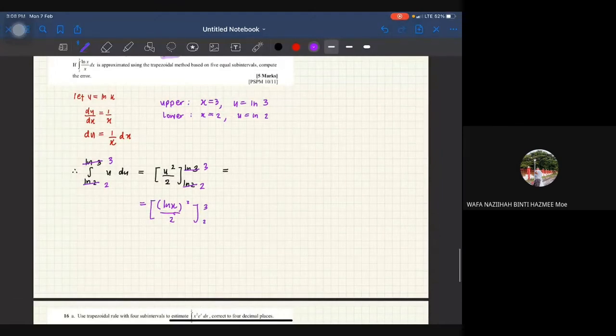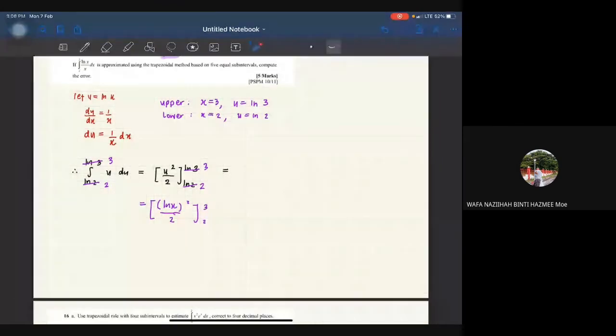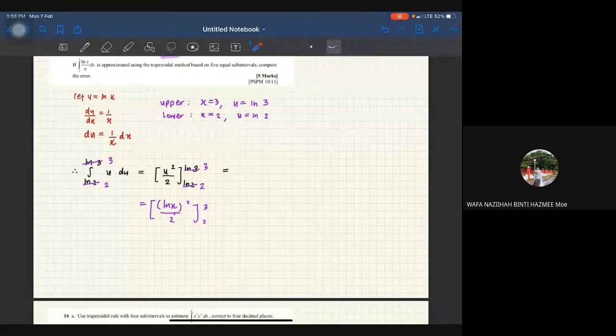Yang ni baru betul. Okay, so ada dua cara. Sama ada awak nak guna yang warna hitam, saya buat tu, ataupun warna purple yang ni. So yang ini ramai yang guna, ramai suka guna cara yang ini, tapi saya stick to change everything in terms of U. So it's either method, you can use both. Mana-mana yang awak rasa mudah. Okay, so saya nak guna yang warna hitam.